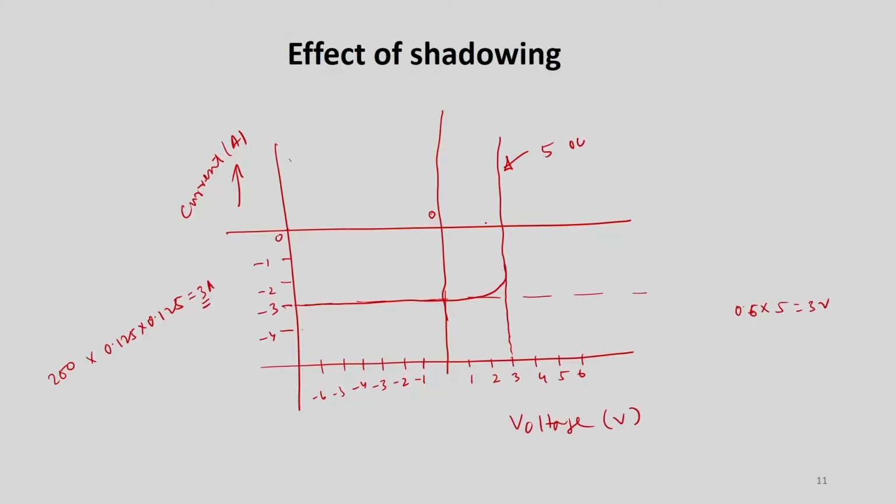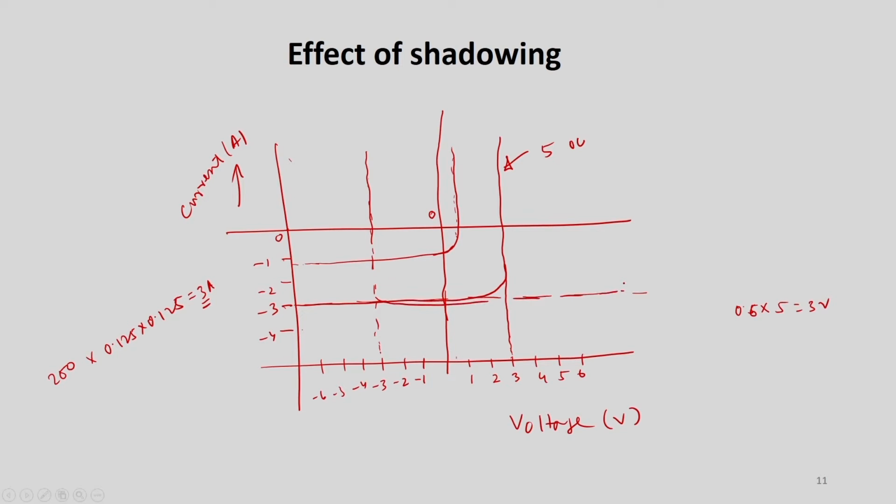And for 1 cell, this will be 0.6, I will explain, and the current will be somewhere here. And we will have this reverse bias system, so this will be minus. Maybe I will use a dotted line here. This will come something like this, dotted line, and it will go something like this.